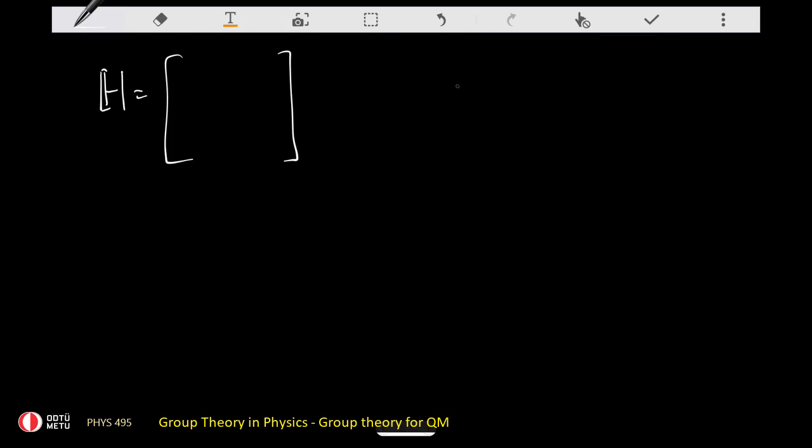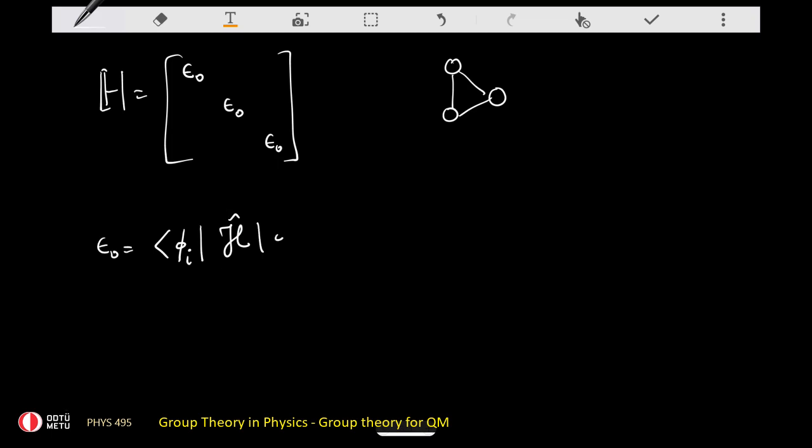By just looking at the symmetry, and this is not something that you have to do in here, because I'm going to derive the representations later on, you can say that all the diagonal entries in here are equal, because epsilon 0 is essentially the expectation value of the actual Hamiltonian, the differential operator, if you remember, in the ith state.